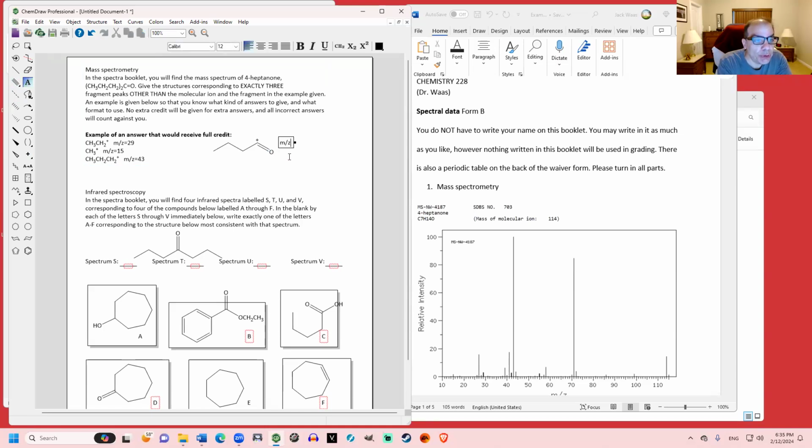But in class, we went over rules for how to find fragments in a mass spectrum by how molecules fragment. And actually, I found another one at 99.